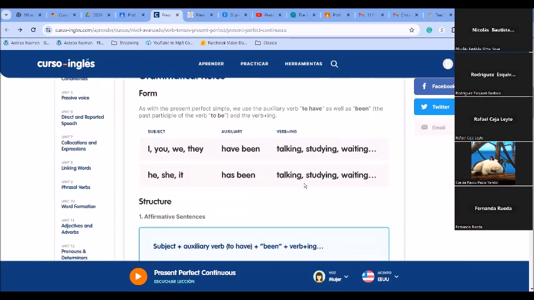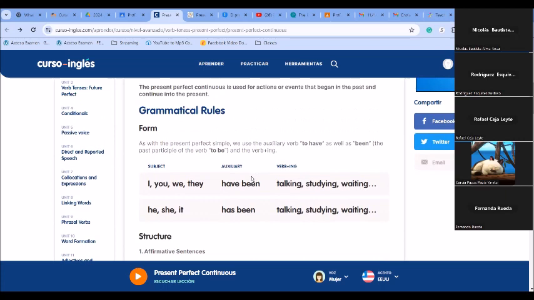So just like with the present perfect simple, we need to know who is doing the action, so we can choose our helping verb have or has. And since it's an ing, it's a continuous form, we will use our verb to be in participle form. So I have been, you have been, we have been, they have been, he has been, she has been, and it has been, and our verbs in ing.